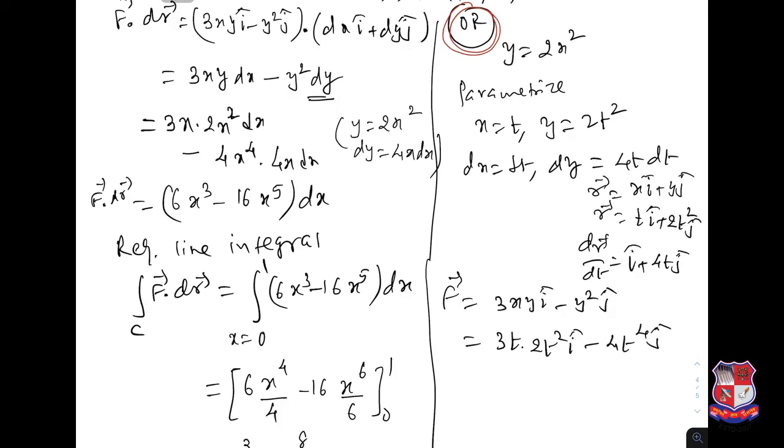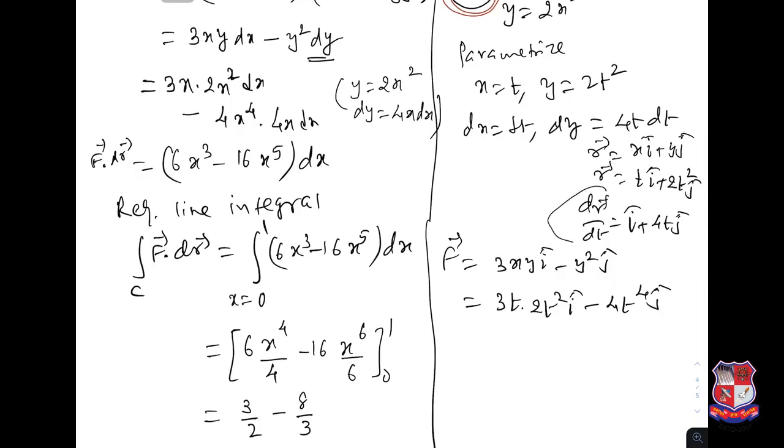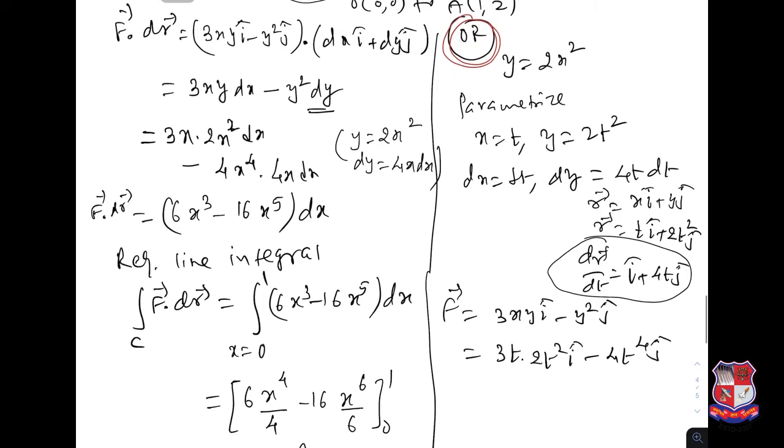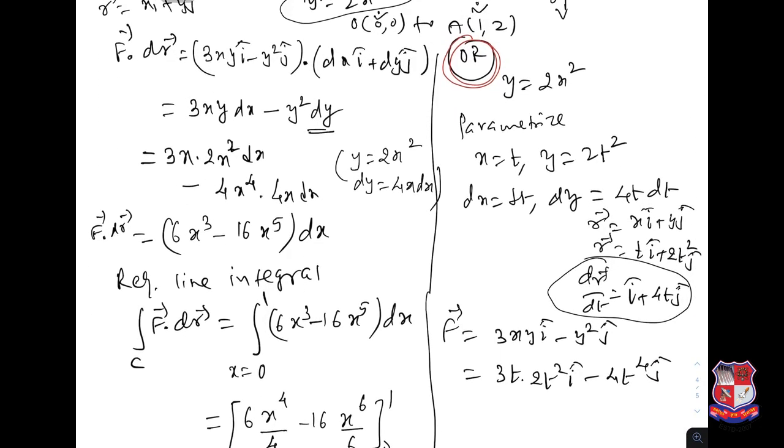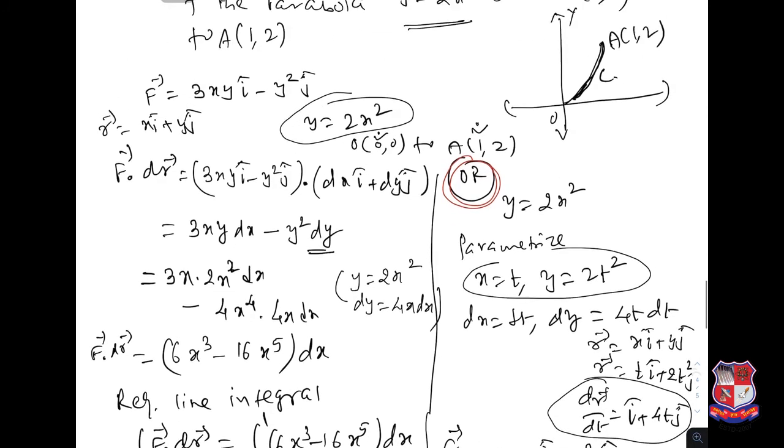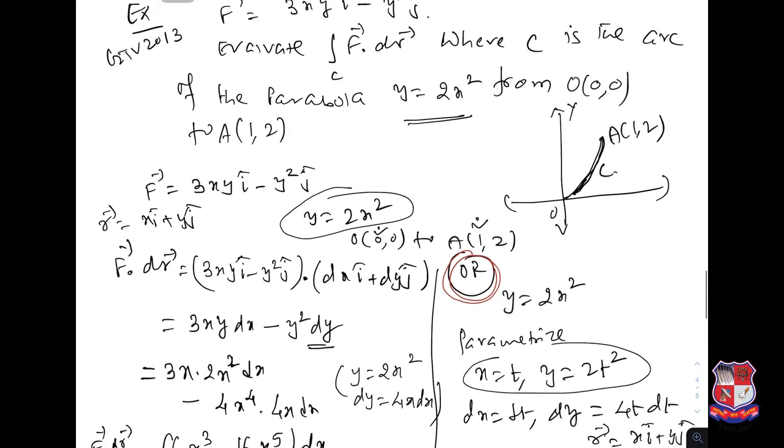This is f. Now if I take t equal to 0, then x is 0, y is 0, so this point is O. For t equal to 1, x is 1 and y is 2.